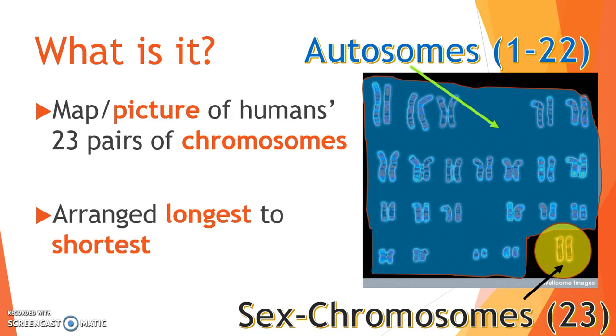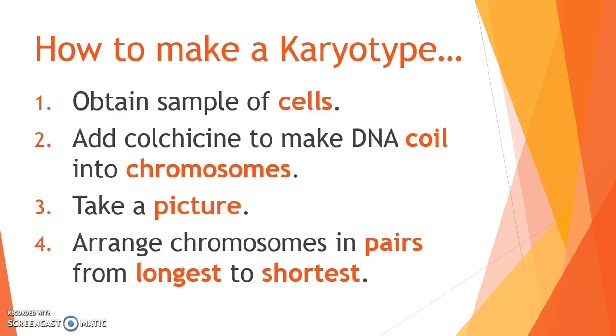So now that we kind of know what we're looking at when we see a karyotype, let's talk about how you make a karyotype. First thing you're going to do is obtain a sample of cells. We oftentimes use karyotyping to diagnose diseases in embryos before a baby is born.